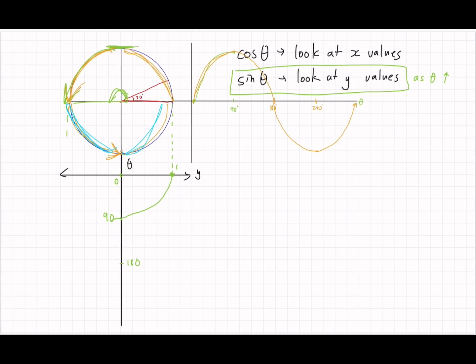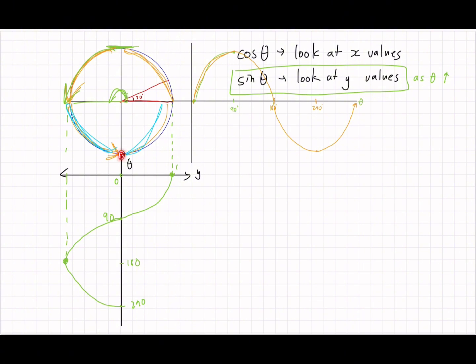So if we trace this all the way down here, this is going to be our negative. And then same thing, from -1, we increase to 0, right? And so this is going to be like that. So if we just draw that again, it ends at 270 degrees, and this is going to be our increase.